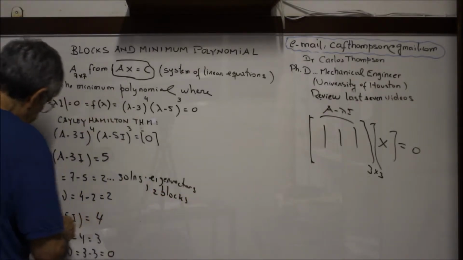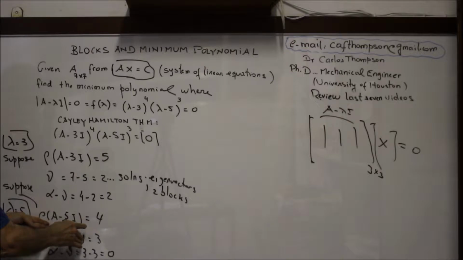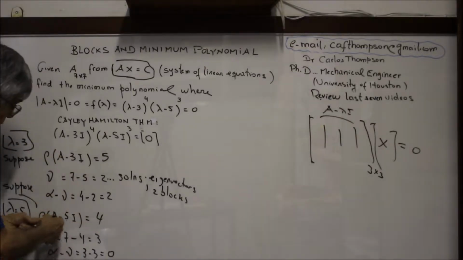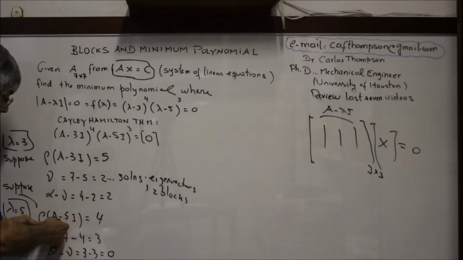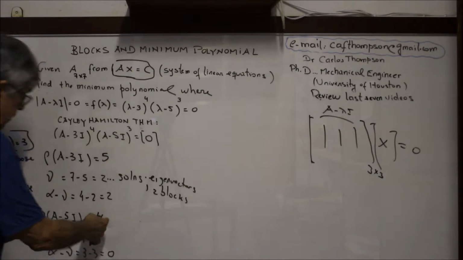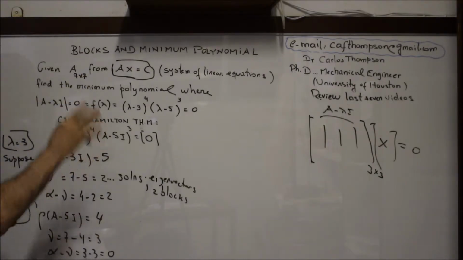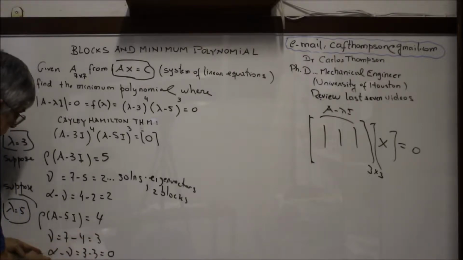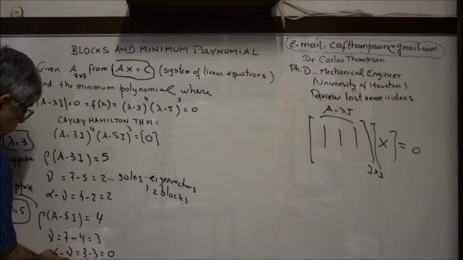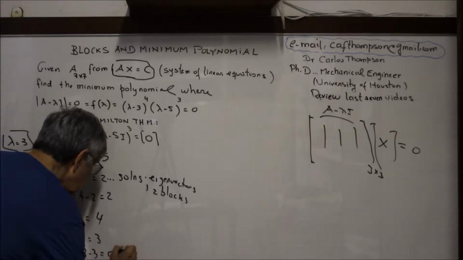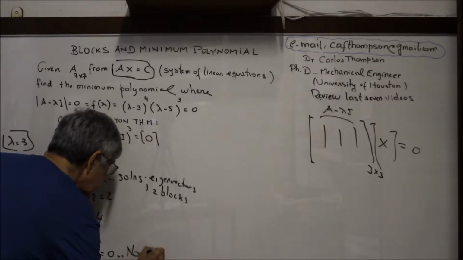Now, here, suppose I have my matrix, I subtract 5I, and then I count the number of pivots. I count 4 independent columns. So n_i is 7 minus 4, which is 3, and here alpha, the multiplicity, alpha minus n_i, 3 minus 3 is 0. So here I guarantee no generalized eigenvector.